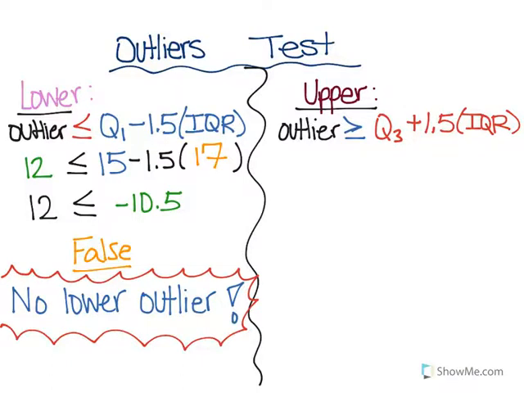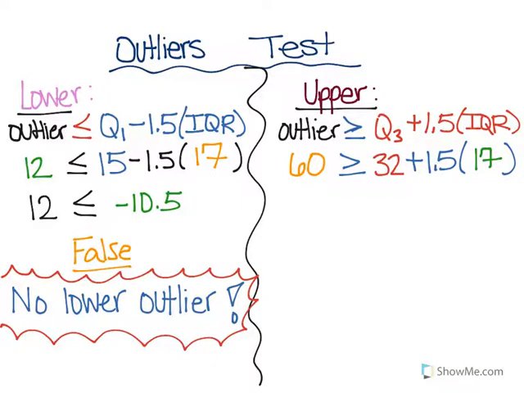So, the largest number in our list that we would be testing would be the number 60, and we're wondering, is 60 greater than or equal to Q3, which we determined was 32, plus 1.5 times our interquartile range, which again we found to be 17.